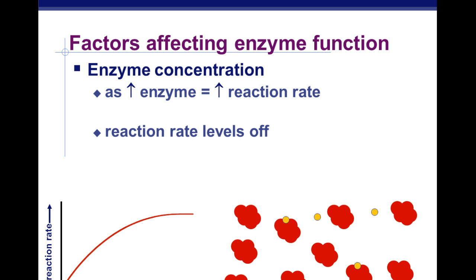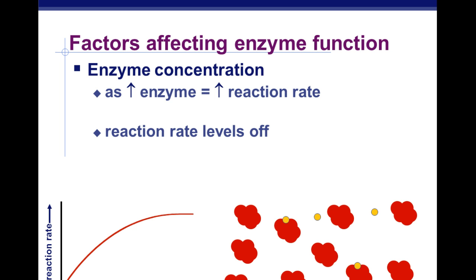Remember, we call that enzyme specificity. And that there's a direct relationship between enzyme concentration and reaction rate. Now, what this means is that as we keep adding enzyme to any system like a cell, more enzymes collide with their substrates and then bind with them.